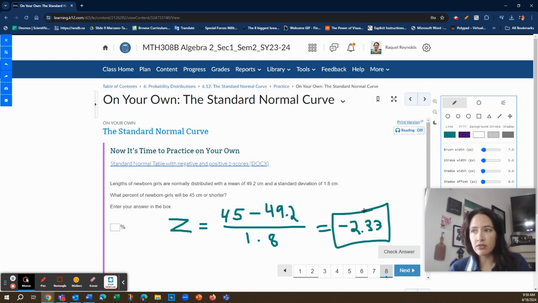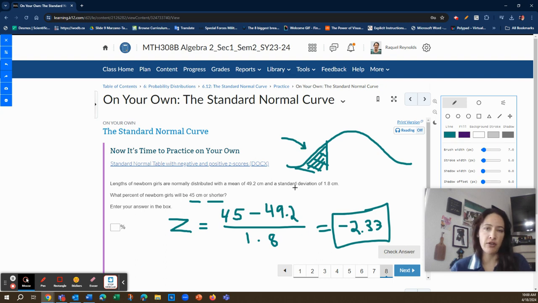Okay, so then we'll go to our table of values. We'll look for that z-score, and that will give us the percent of newborn girls that will be 45 centimeters or shorter. Again, that's because the table of values gives you a cumulative from the left probability. If that doesn't make sense, that's okay. Just know that's how you read the table. It gives you the probability for the area under the curve, starting from the left, filling up towards that z-score towards the right.